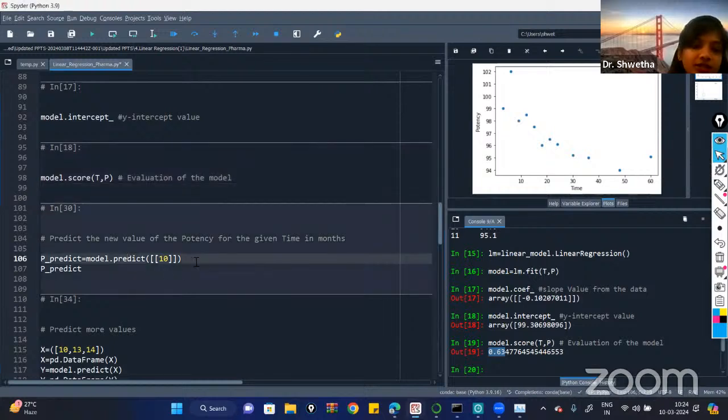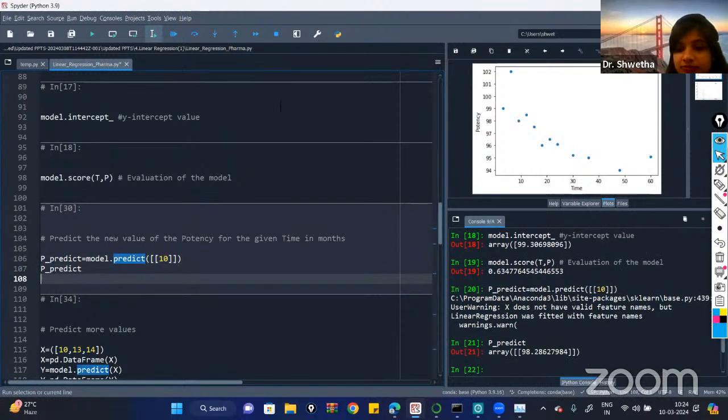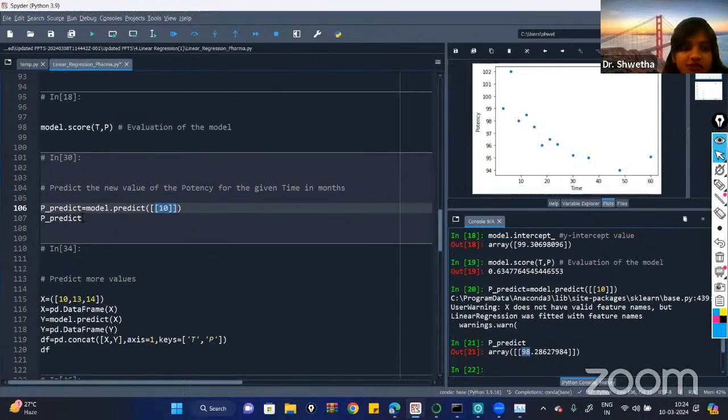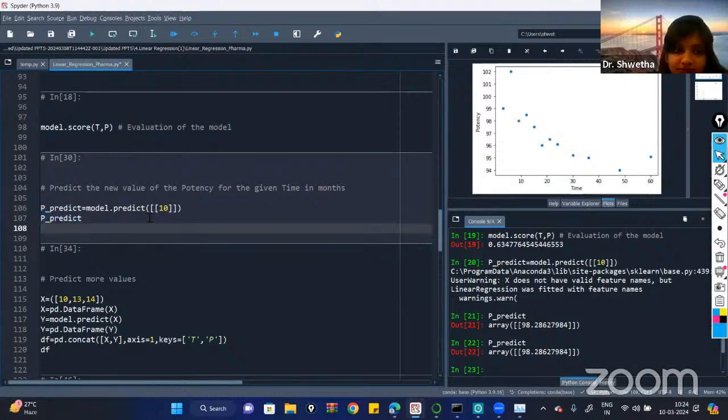We'll predict this and store it in P_predict. So for the time T equals 10, the value of potency would be 98.2. This is how we can predict on new data. This is for prediction if there is only one new value.